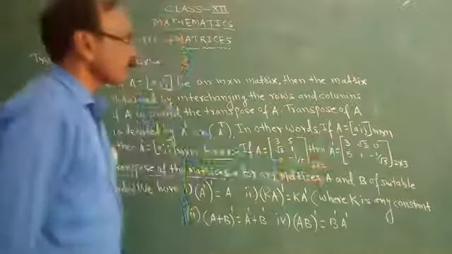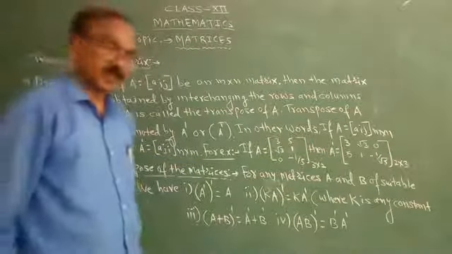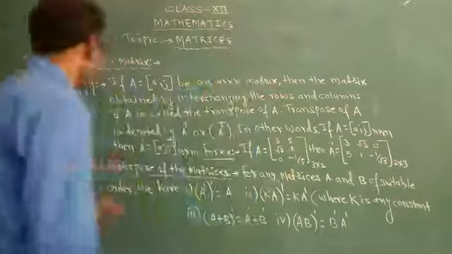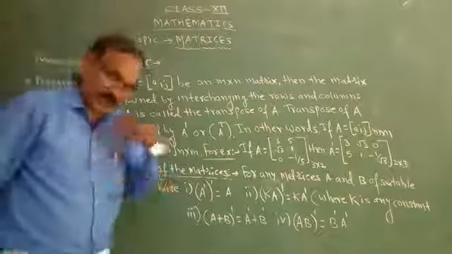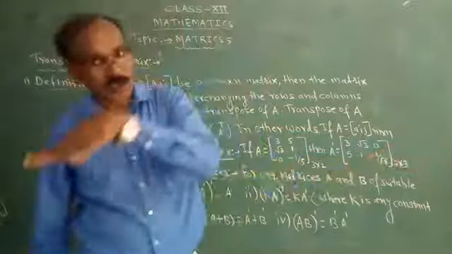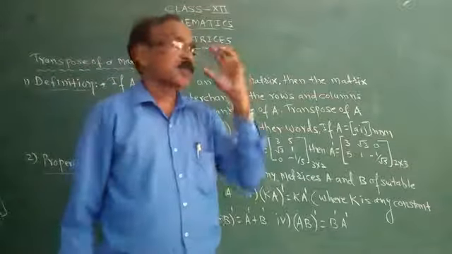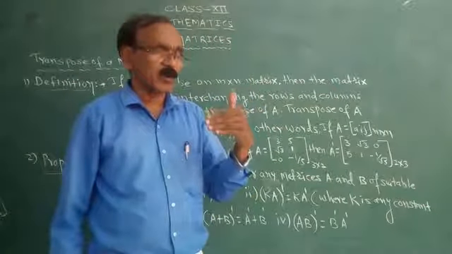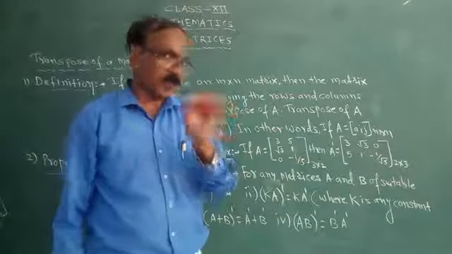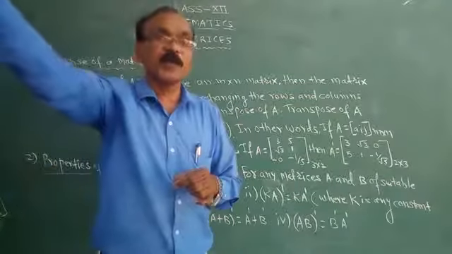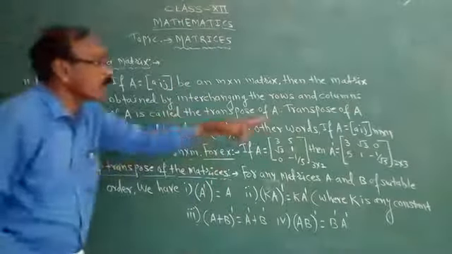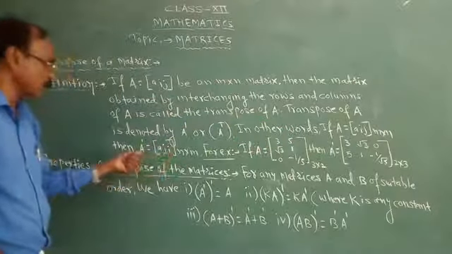In other words, if A = [aij] is an m by n matrix, the transpose of A will be [aji], because if you have an element a12 in matrix A, it becomes a21 in the transpose. Therefore, aij becomes aji in the transpose.